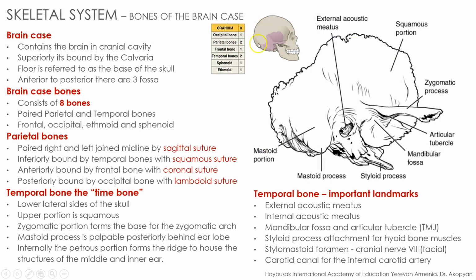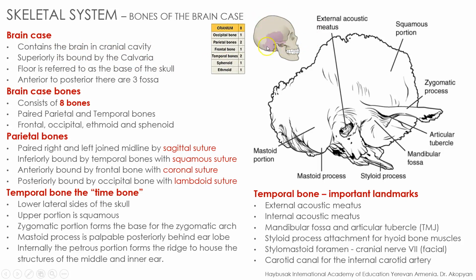Understanding the individual bones of the cranium, we need to look at the components and its function. The cranium forms as a brain case to contain the brain in the cranial cavity. Superiorly, it is bound by the calvaria.